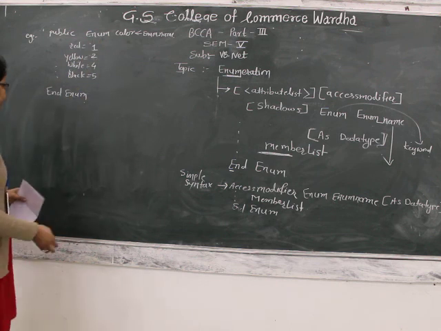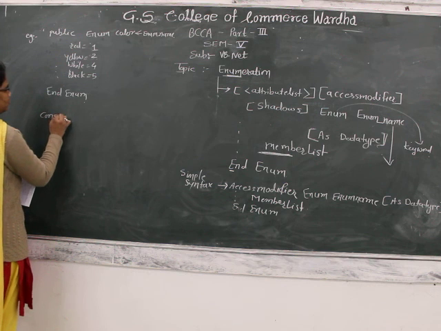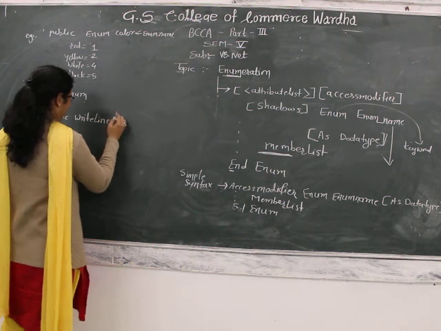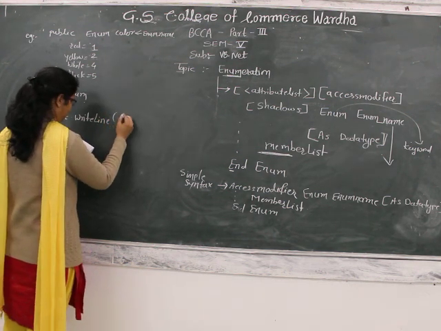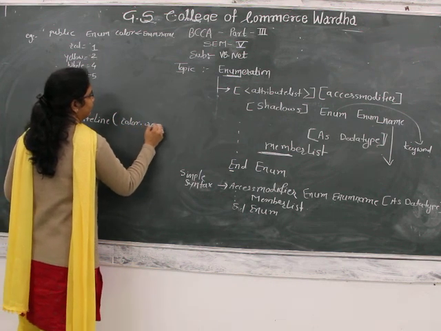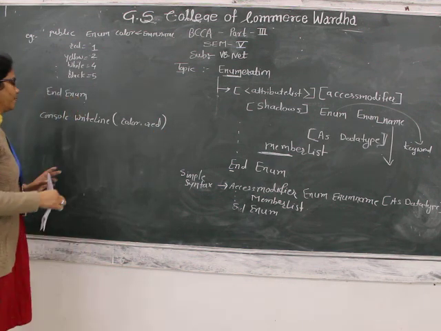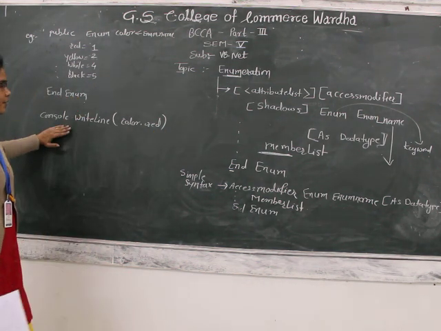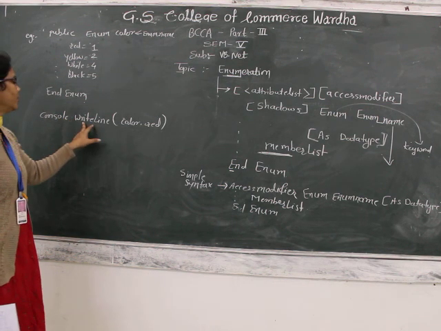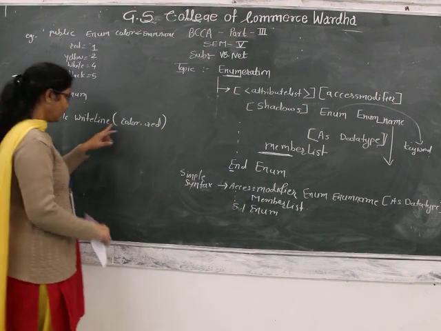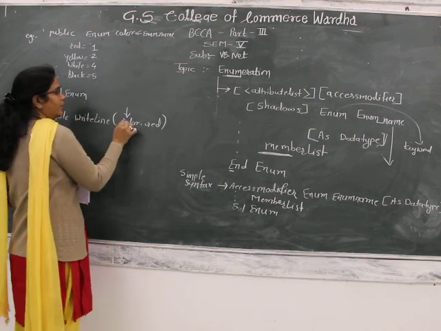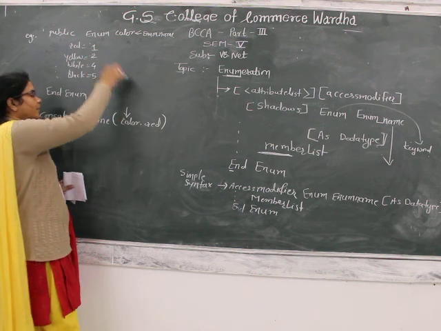Like Console.WriteLine(Color.Red). When the compiler encounters this statement, Color is the name of the enum, and Red is a member of that enum.